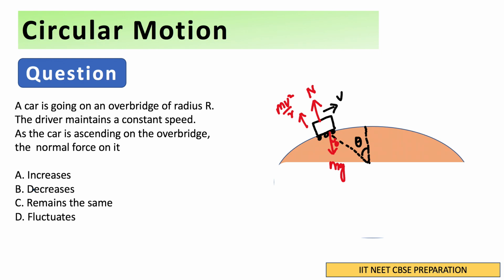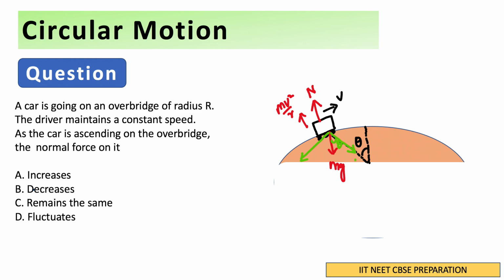So let me use a different ink so it's clear what we are doing. Let me erase this and write it down properly. So this angle is nothing but theta. So we can break mg into its components: along the radial direction, what force will act, and in the perpendicular direction, what force will act.